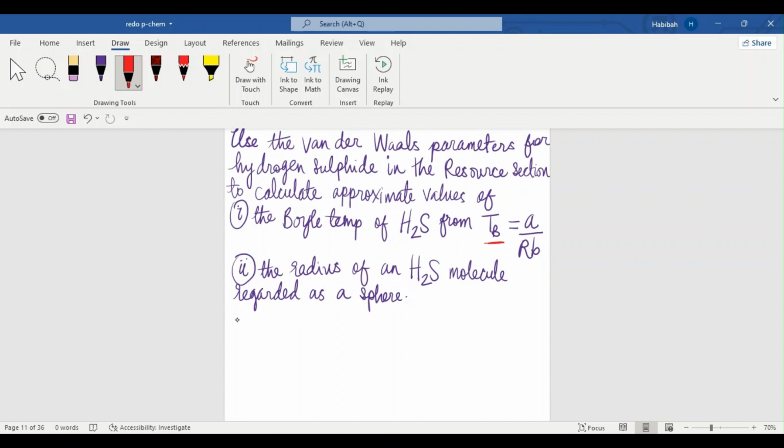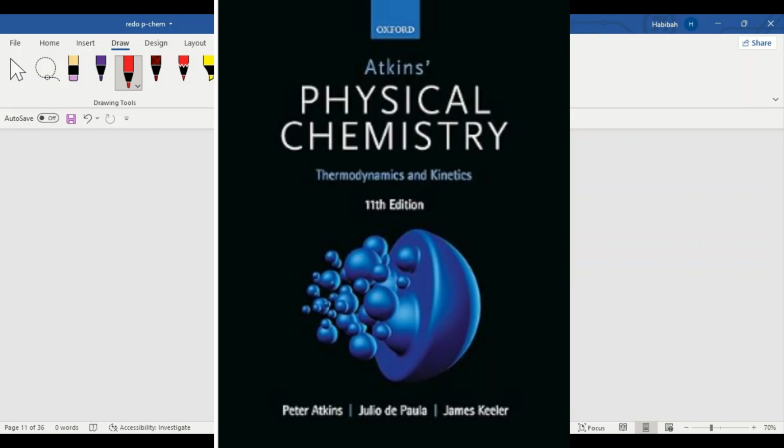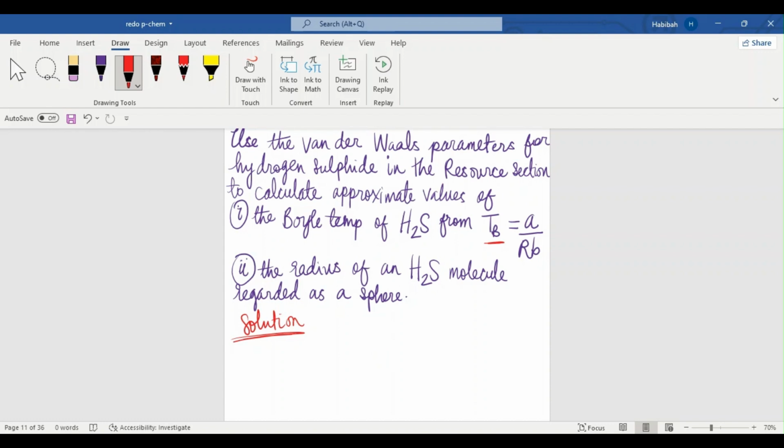To start, rereading the question, we're told to use the van der Waals parameters of hydrogen sulfide in the resource section of the textbook. The textbook I'm using is the Atkins Physical Chemistry 11th edition. In the resource section, we have the value for A, the van der Waals parameter that involves attractive forces.